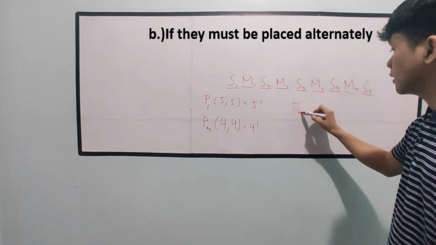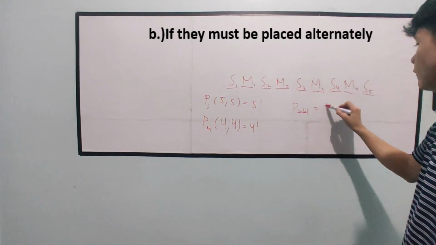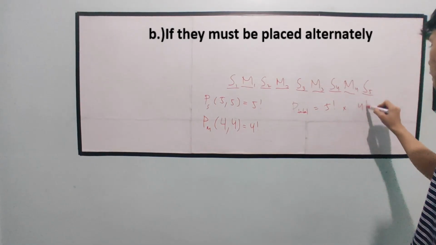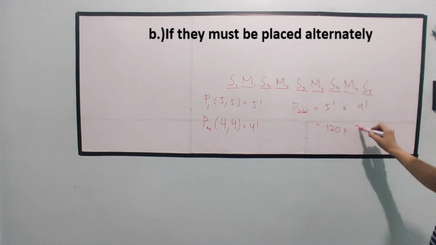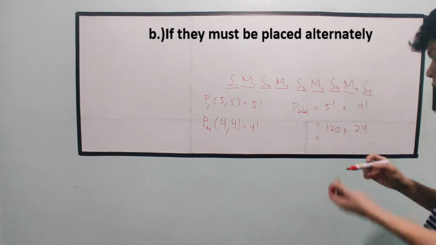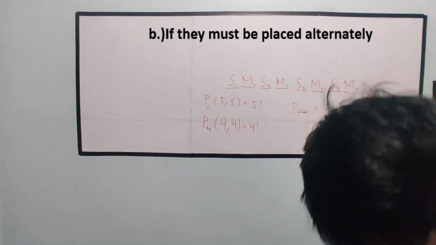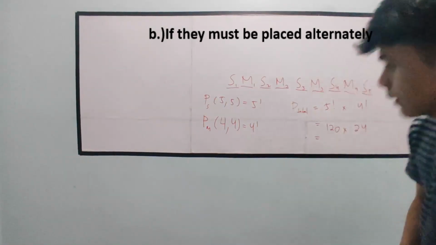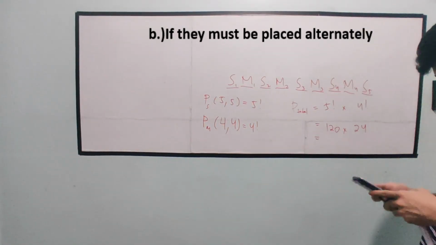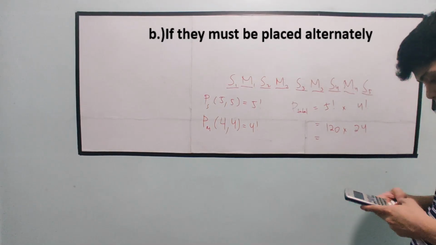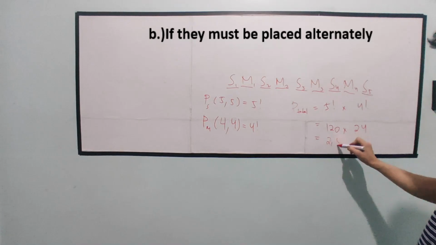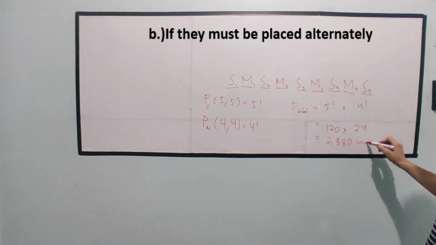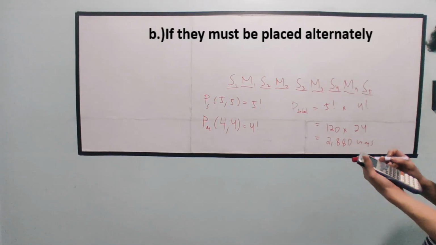So, yung total is 5 factorial times 4 factorial. So, 5 factorial is 120, 4 factorial is 24, then 120 times 24 is 2,880 ways. So, ito na yung final answer natin.